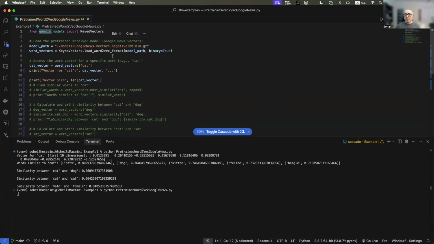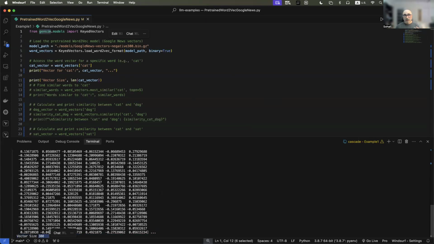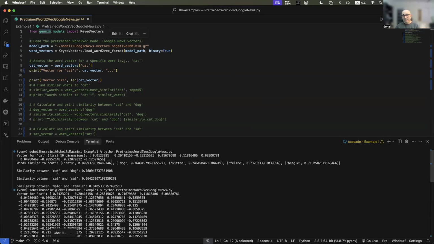This is what you can use if you want to work with large language models. The default vector size here is 300, and that's for the word cat, and we can use that for any word in that corpus.